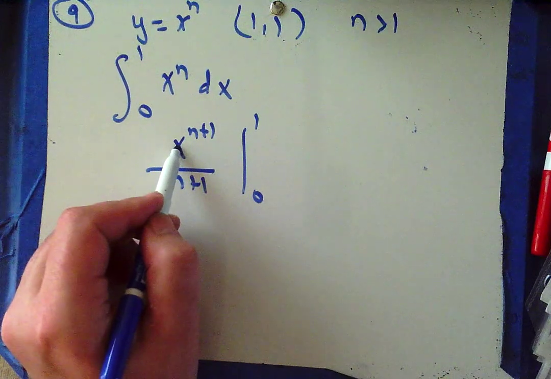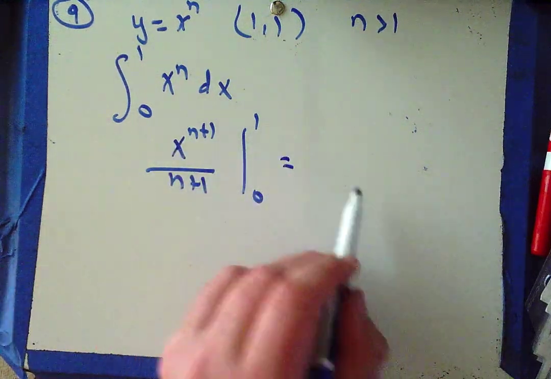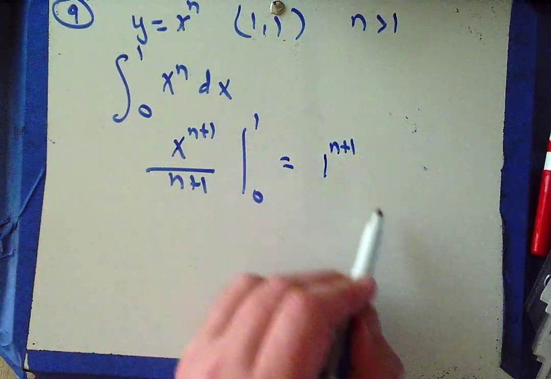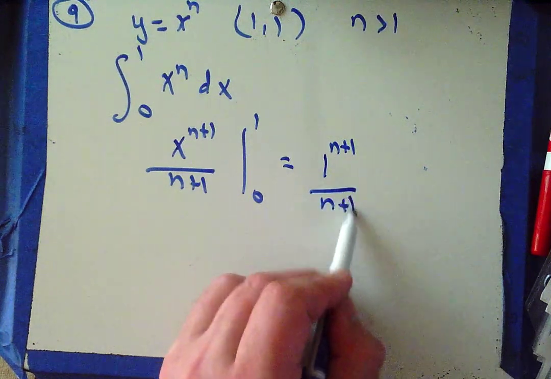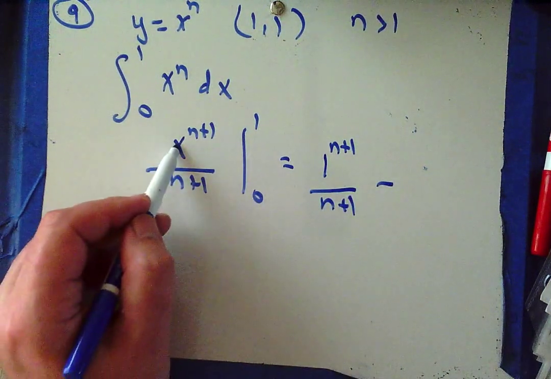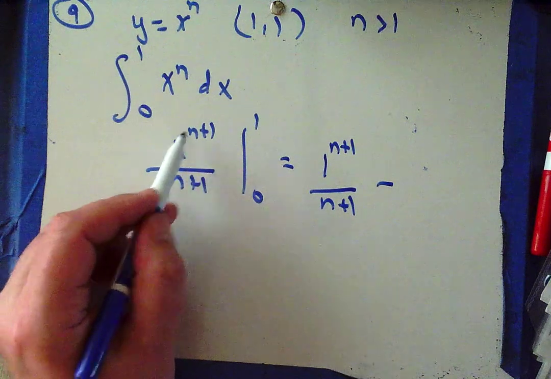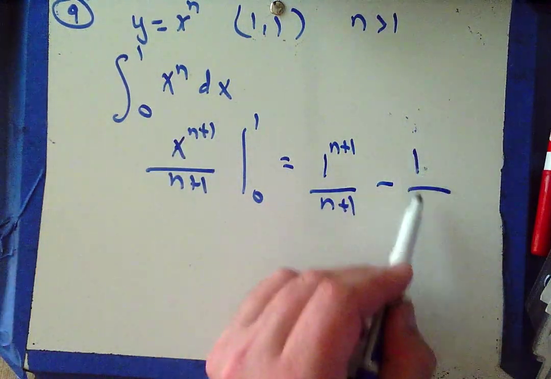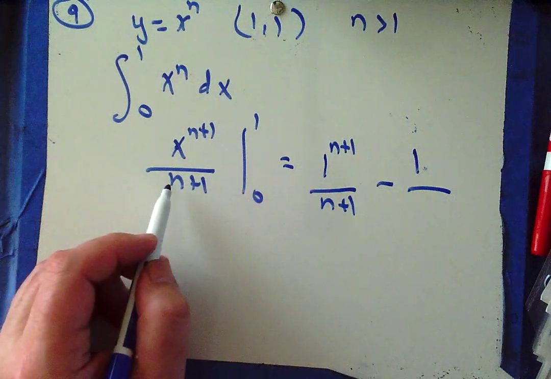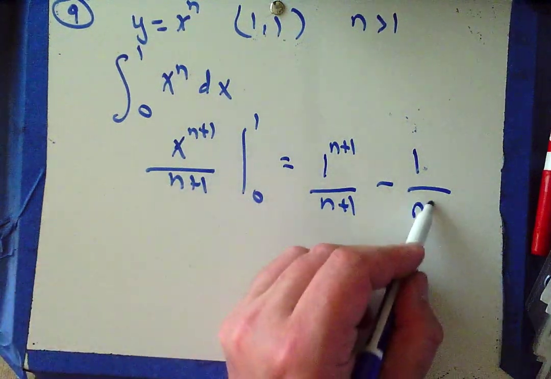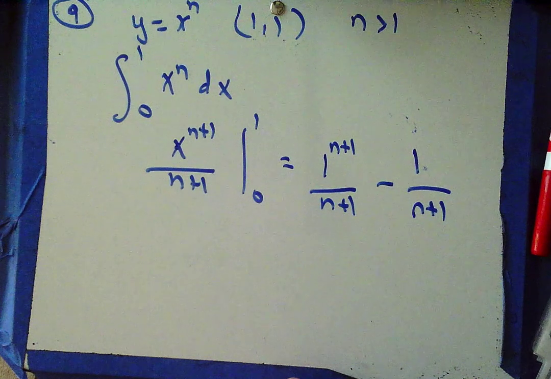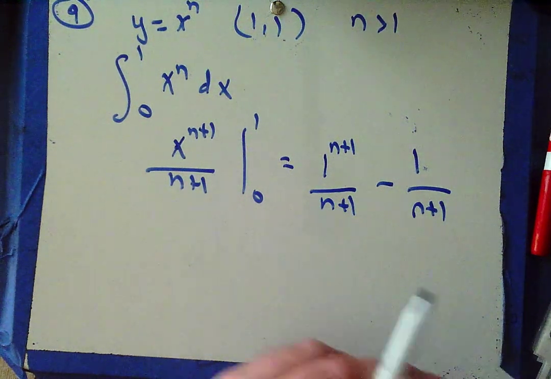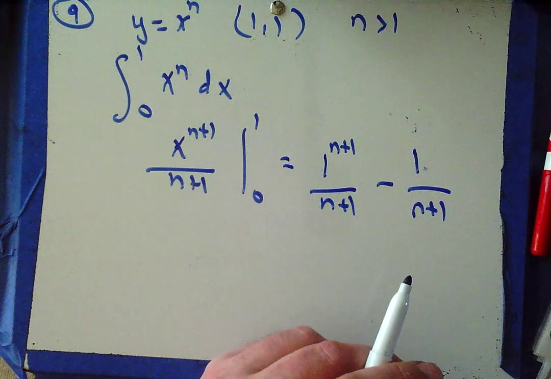If I plug in a 1, I get 1 to the n plus 1 over n plus 1 minus, if I plug in a 0, 0 to this power is going to be 0, so minus 0. So I get 1 over n plus 1. Okay, so 9a.